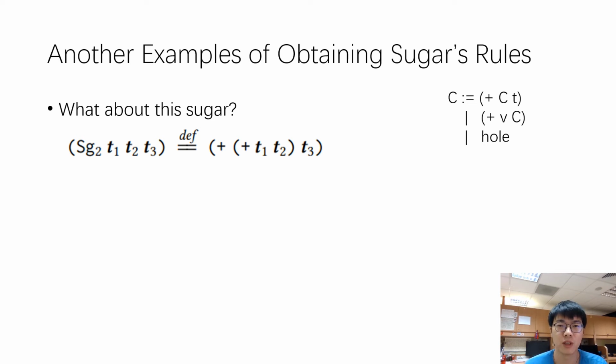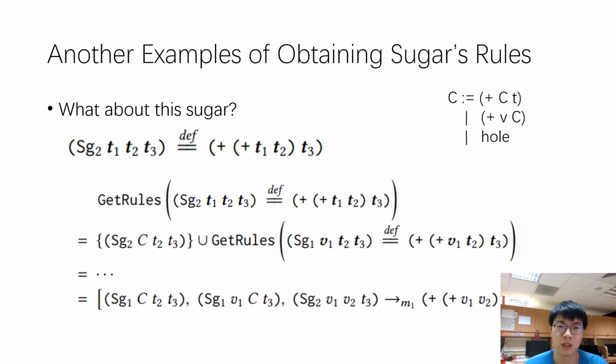For this sugar, after T1 and T2 are reduced, the location of T3 cannot be the redex, because the context rule of plus is likely to calculate plus v1, v2 to a value. In such a case, sugar 2's right-hand side is destroyed. Therefore, the obtained rules are fewer.